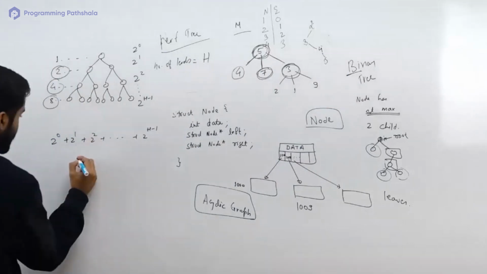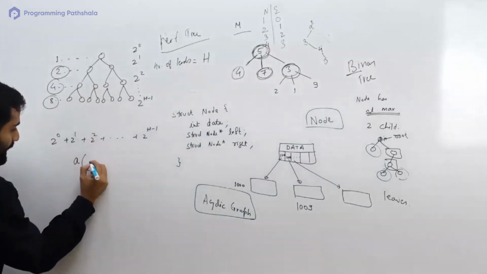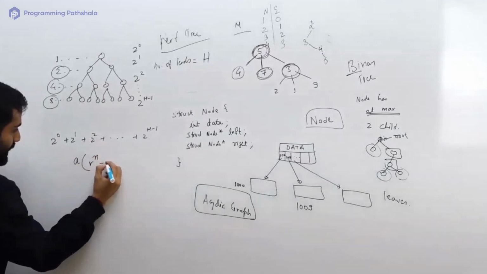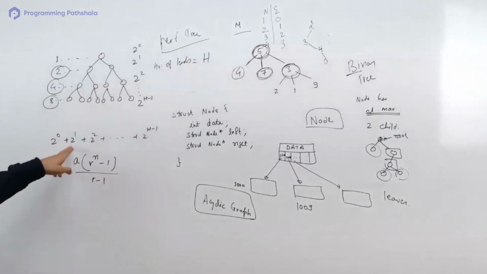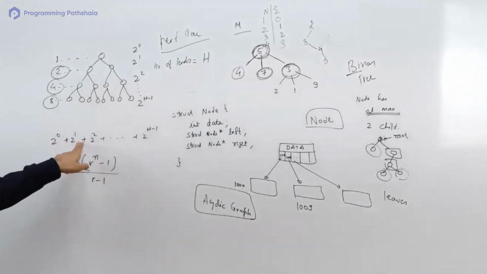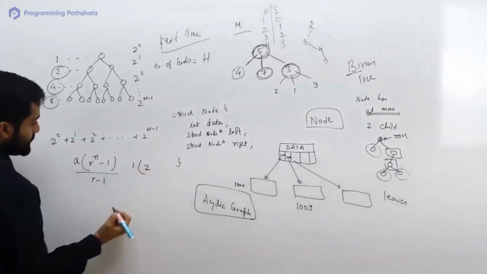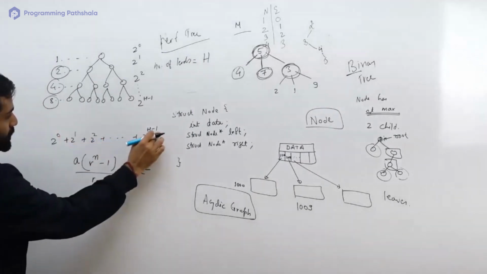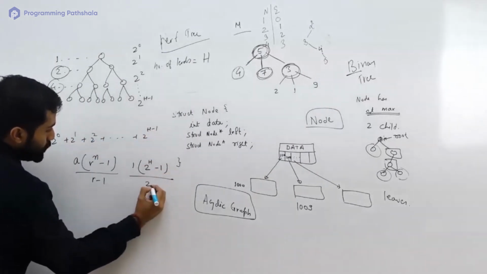It is a times r raised to n minus 1 upon r minus 1, where a is the first term and r is the common ratio. The common ratio here is 2 because every next term is 2 times the previous term. The first term here is 1 and r is 2. The number of terms from 0 to h minus 1 is h, so it will be 2 raised to h minus 1 upon 2 minus 1.